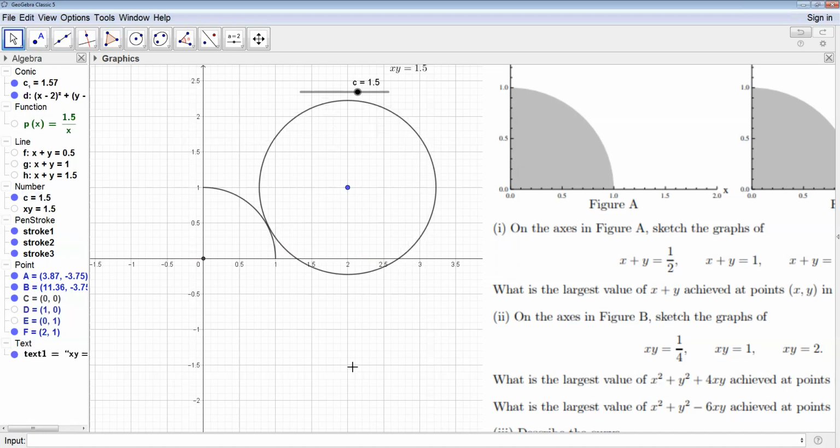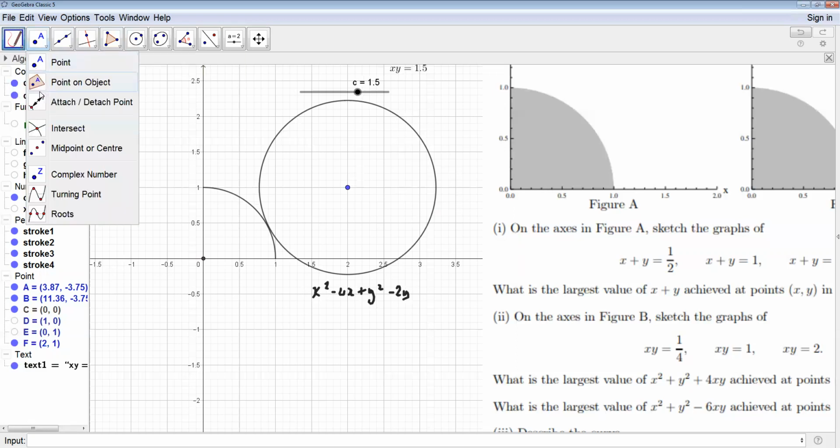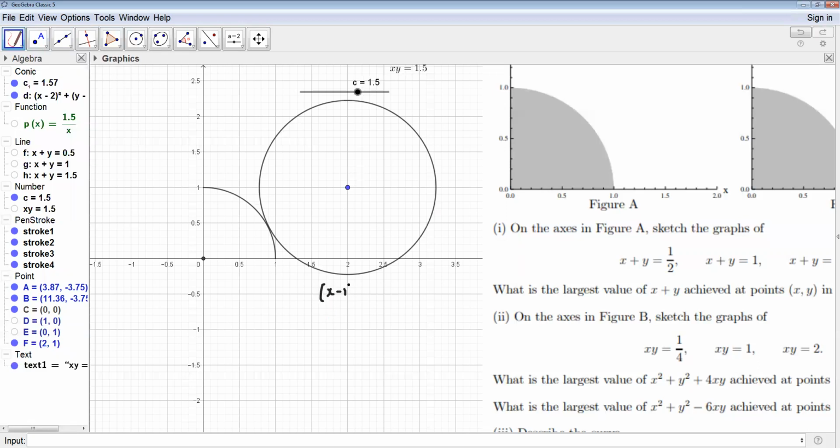Now, what is this equation? Let's just write it down again. Let me write it down in a different way so it's less confusing: x minus 2 all squared plus y minus 1 all squared equals k plus 5.